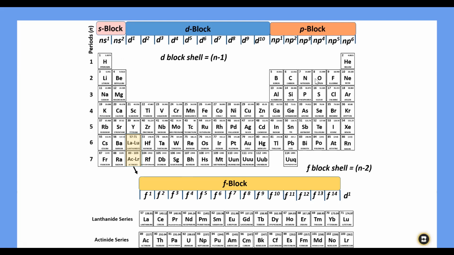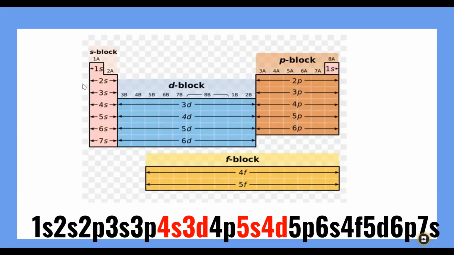Remember, we are doing this in order. In case you forgot the order, you remember? 1s, 2s, 2p, 3s, 3p, 4s, 3d, 4p. So it must be in this order.